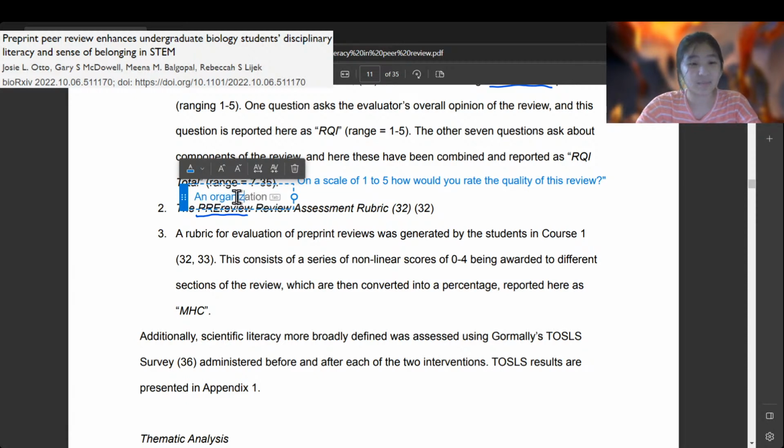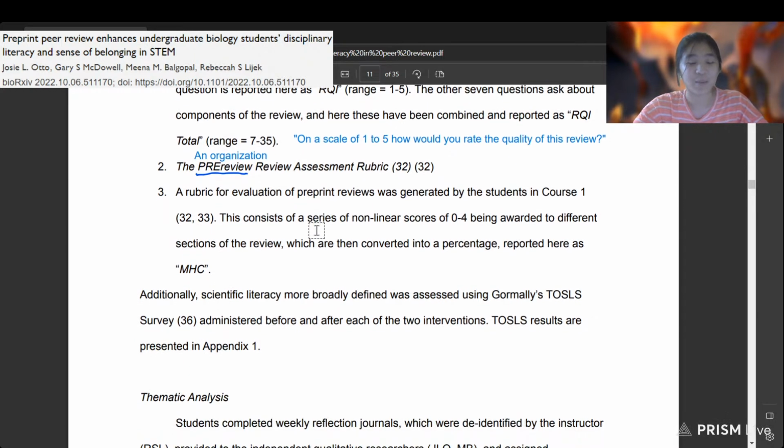So a rubric for evaluation of preprint reviews was generated by the students in Course 1. This consists of a series of nonlinear scores of 0 to 4 being awarded to different sections of the review, which are then converted into a percentage and reported here as MHC.